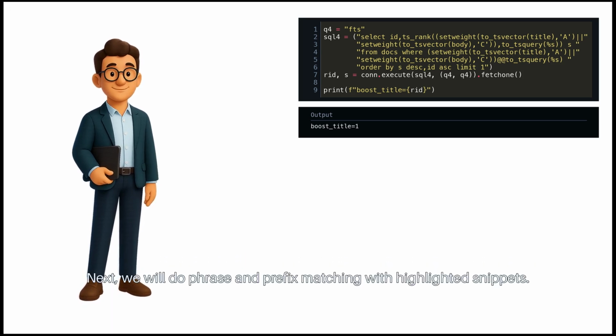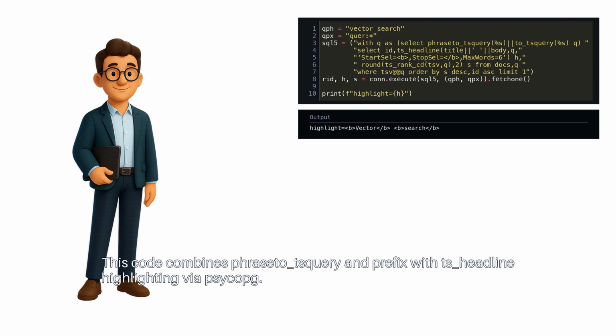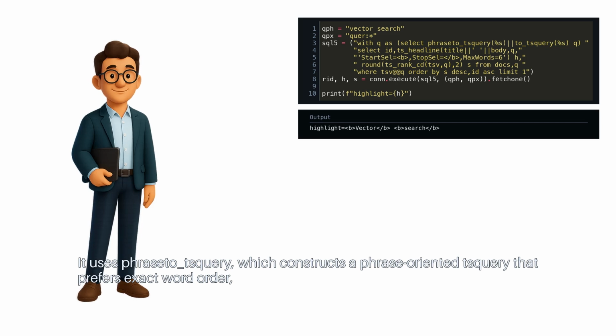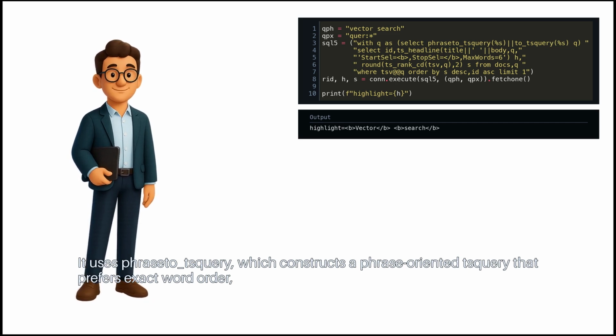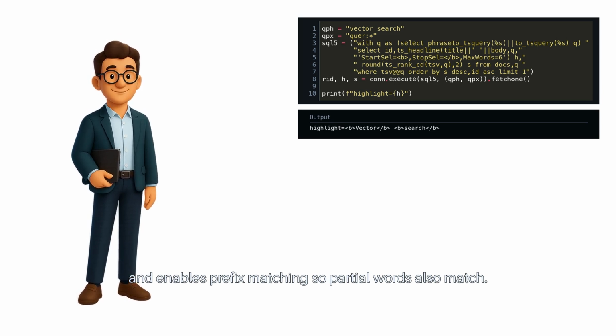Next, we will do phrase and prefix matching with highlighted snippets. This code combines phraseto_tsquery and prefix with ts_headline highlighting via psycopg. It uses phraseto_tsquery, which constructs a phrase-oriented tsquery that prefers exact word order and enables prefix matching, so partial words also match.